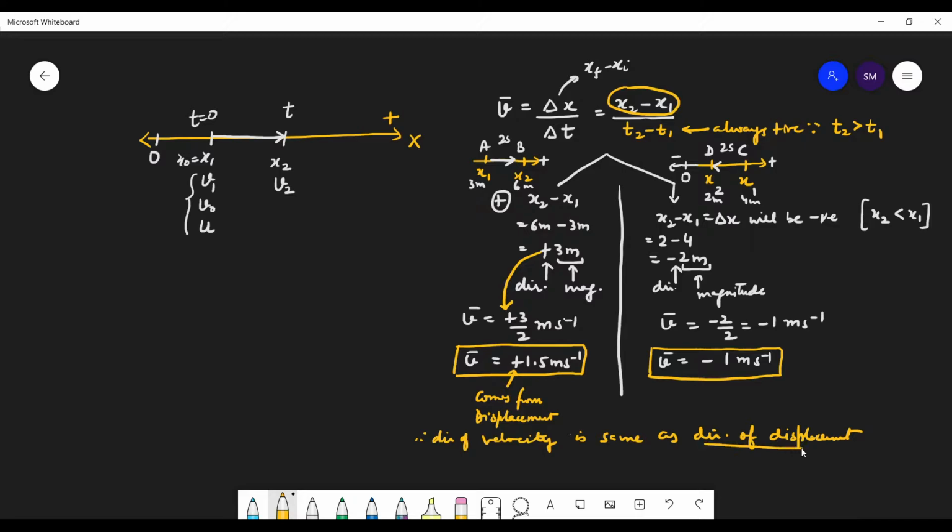So you find the direction of displacement, and direction of displacement depends on whether you are moving in positive direction, it's positive. If you are moving in negative direction, it's negative. So that's from where we get the direction of displacement. So that's absolutely fine.